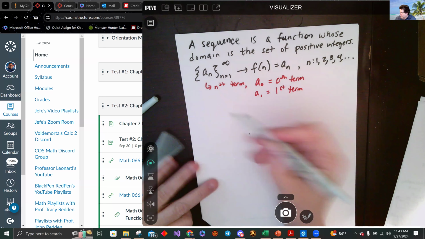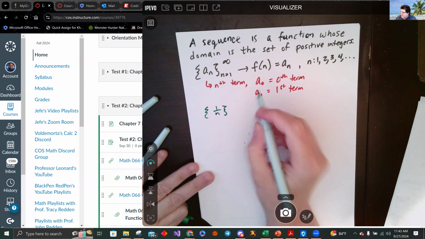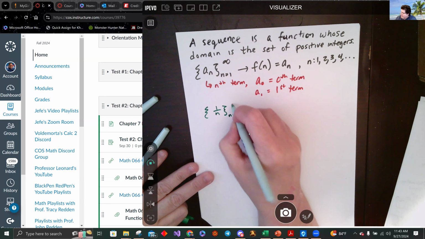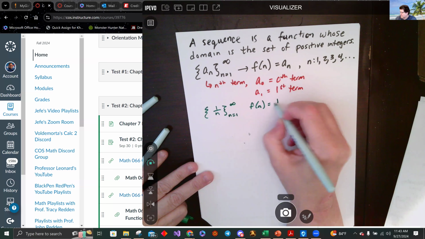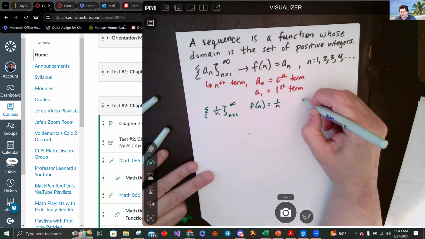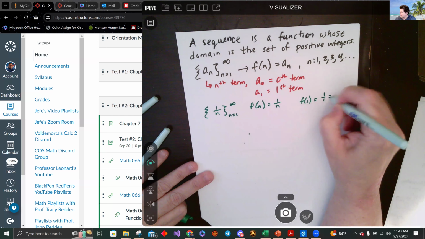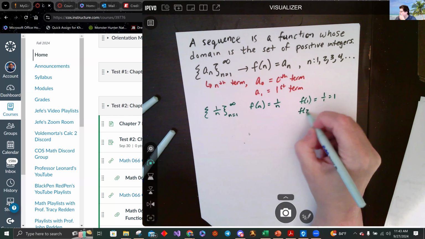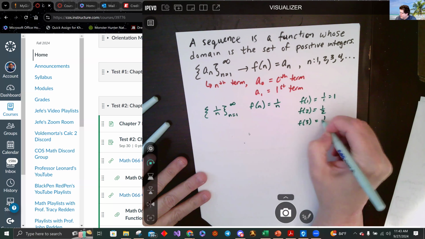We saw earlier we had 1 over n, n equals 1 to infinity. So f of n equals 1 over n. And if I do f of 1, I have 1 over 1, which is 1. F of 2 is 1/2. F of 3 is 1/3.